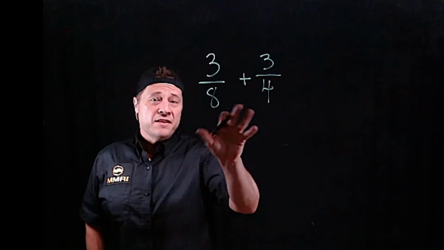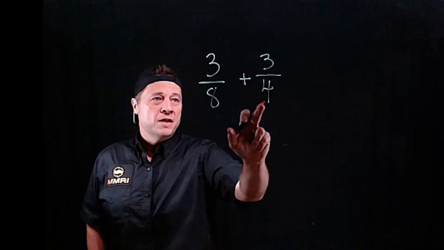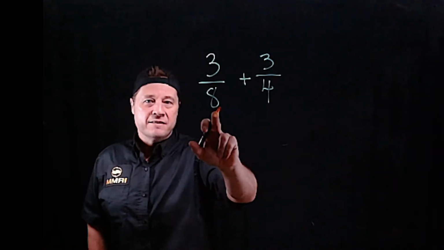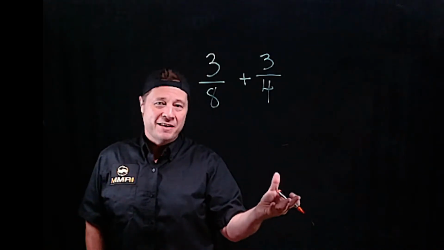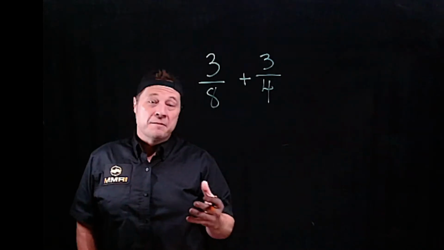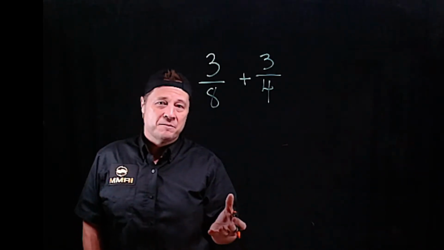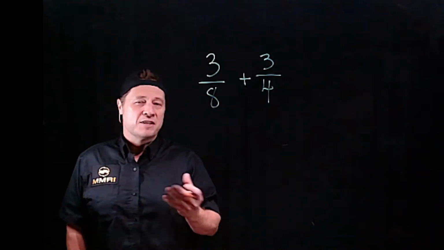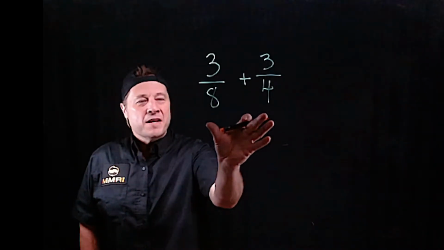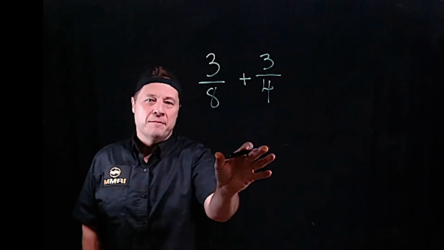Now, in this particular case, 4 and 8 can both go into 8. We could make them both out of 16, because 4 goes into 16 four times and 8 goes into it twice. But we might as well find the lowest common denominator.